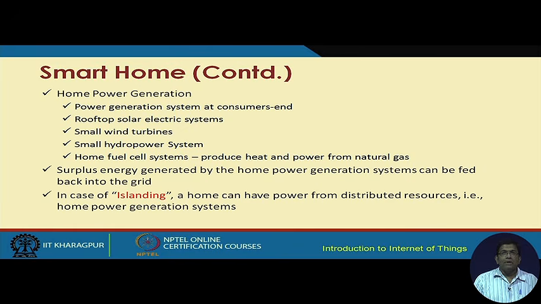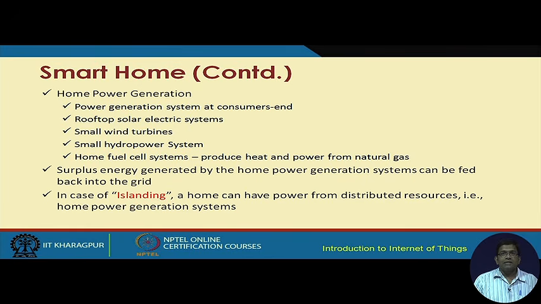In every home, these homes are also equipped with home power generation systems. On the rooftop, wind turbines or solar panels can be fitted to supplement this regular flow of energy.